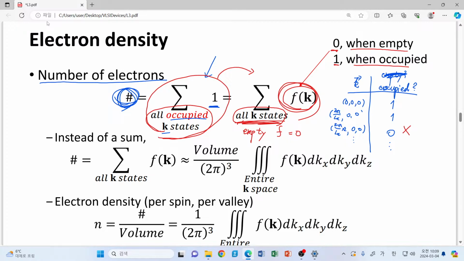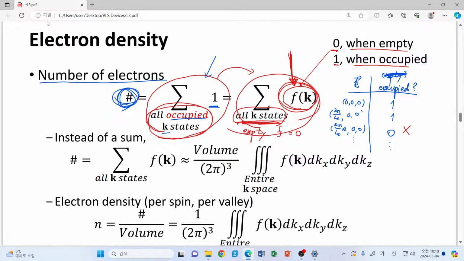Previously we had to be clever enough to eliminate states, whether occupied or not, but in this rightmost expression, we don't care about that. Just sum over all available states, and all kinds of physical consideration is now done by our f.